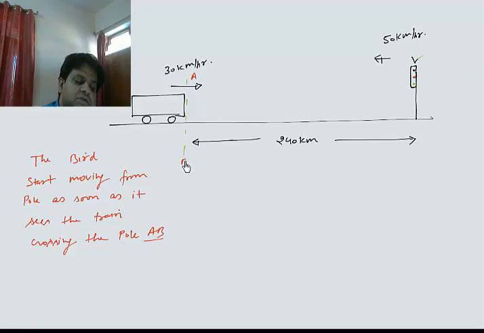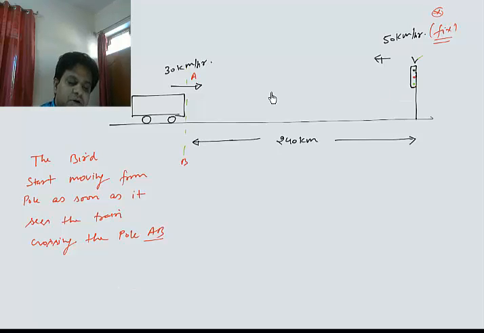As soon as the bird sees that the train is crossing this pole, the bird starts moving from the pole with a fixed speed of 50. The speed of the bird is fixed. It does not change. It can change its direction, but the speed of the bird is fixed. That is 50 km per hour.